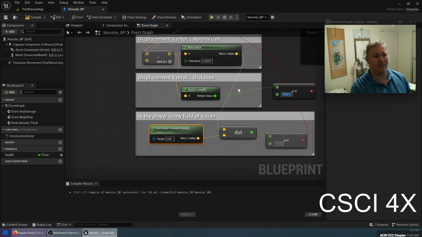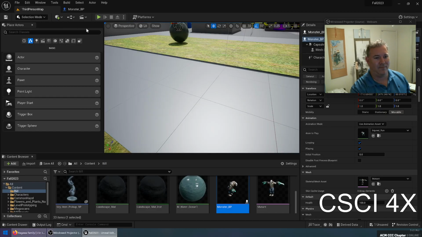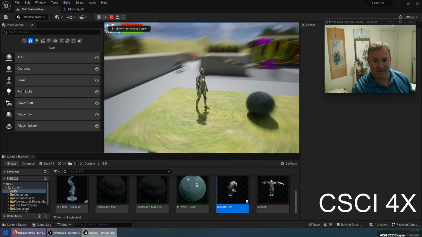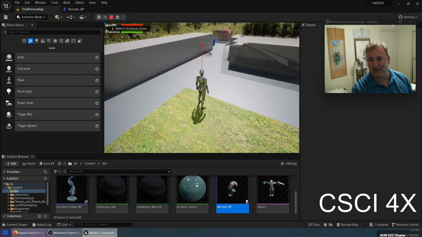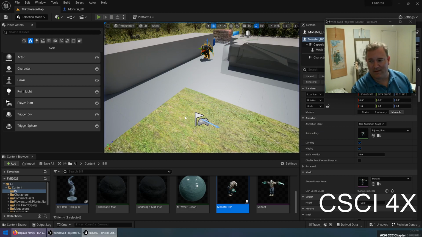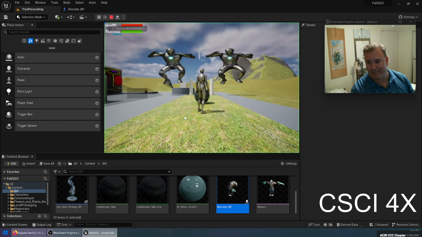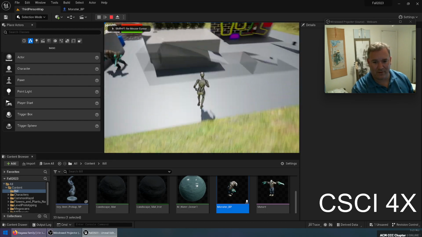That when the player shoots the monster, it instant kills them if you shoot them from behind. So you shoot them here, they die, sure, whatever. But make it so that if you shoot them from behind, you one-shot them. Okay, so coming over here.